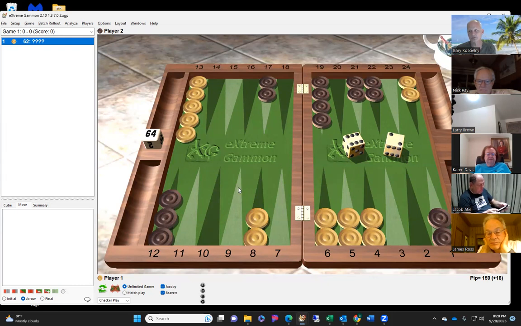Six, 2. We've got the same situation, prime versus blitz, when we're behind in the race. So do we come out, or do we come down, or do we come down with 2? Because the 8 point is stripped, I would do 24-16, I think.